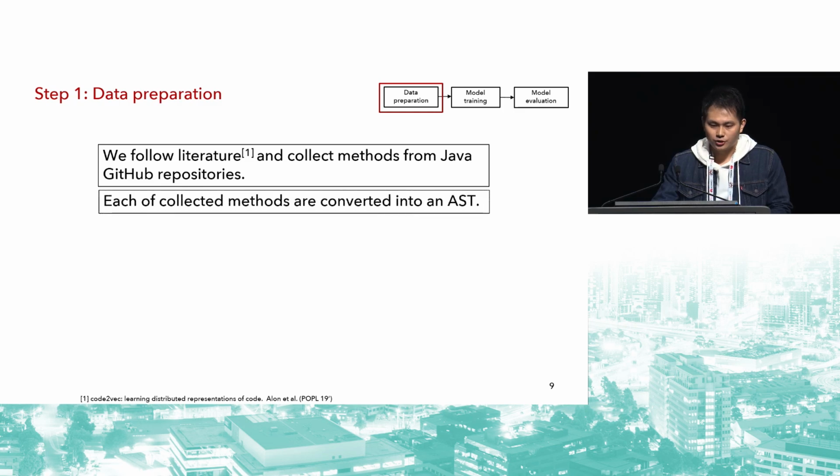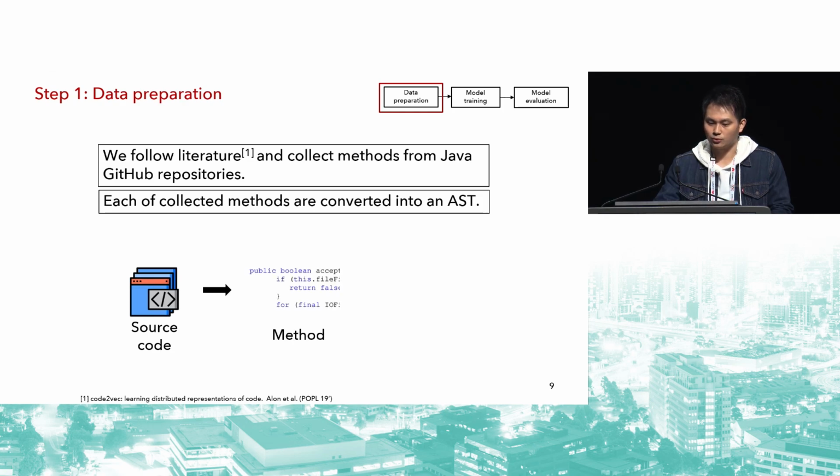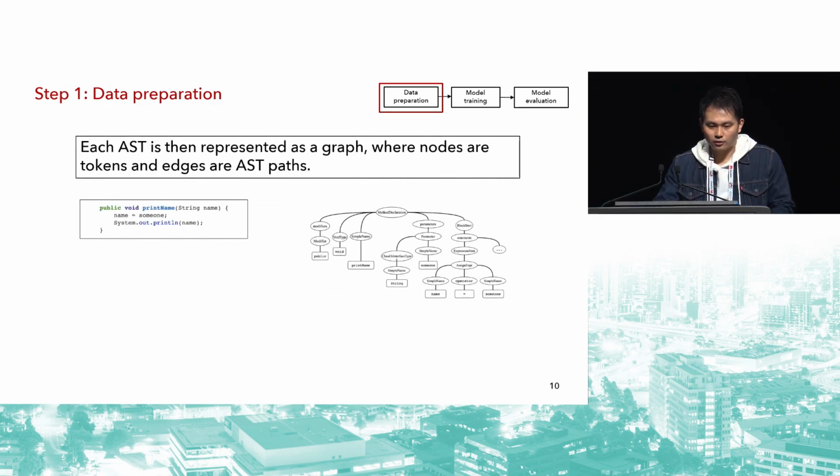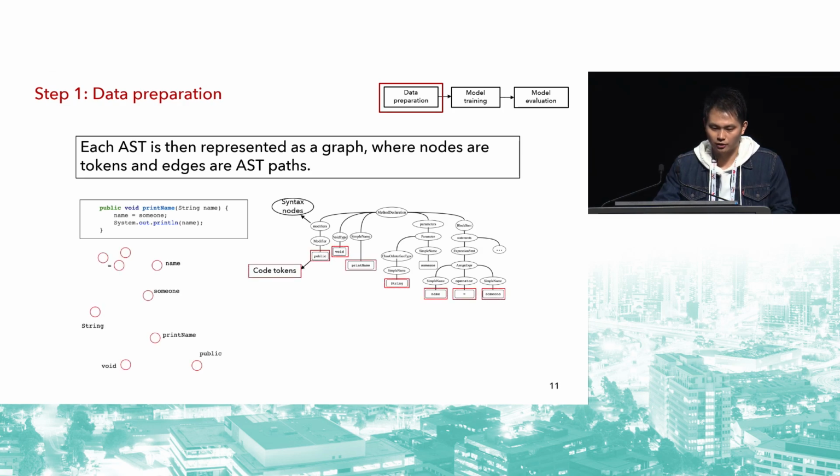We follow the literature and collect methods from Java GitHub repositories, and each method is converted into an abstract syntax tree. Then each AST is represented as a graph, where the nodes are the tokens and the edges are the paths of the AST.